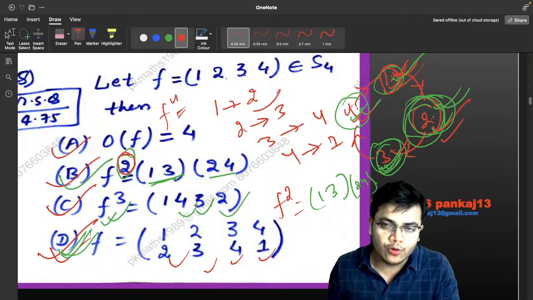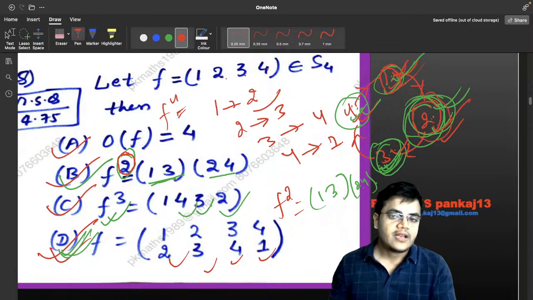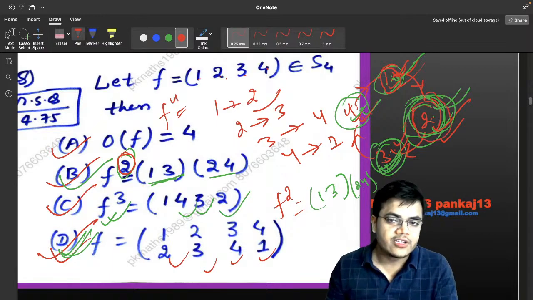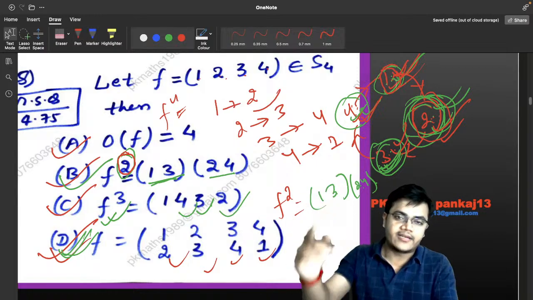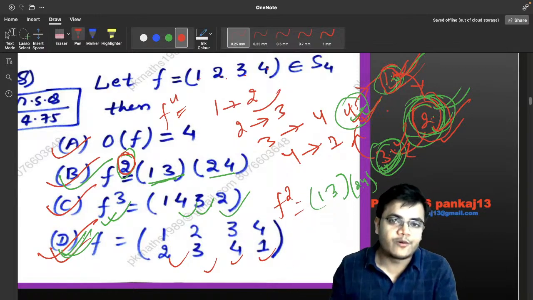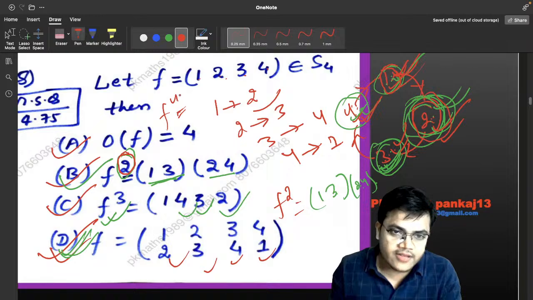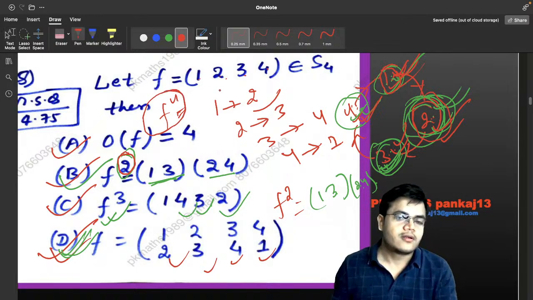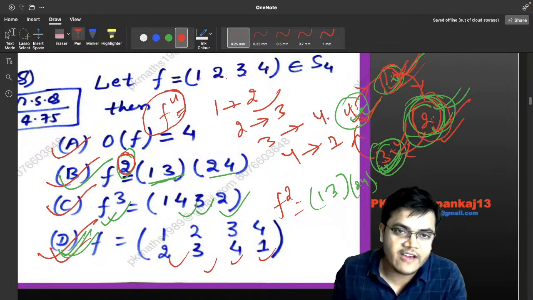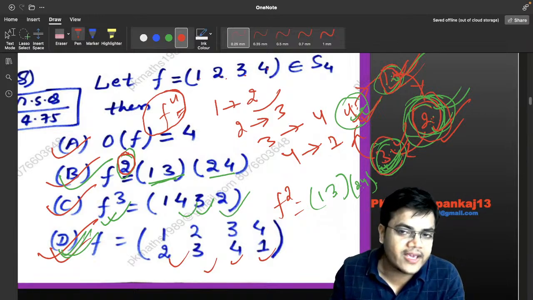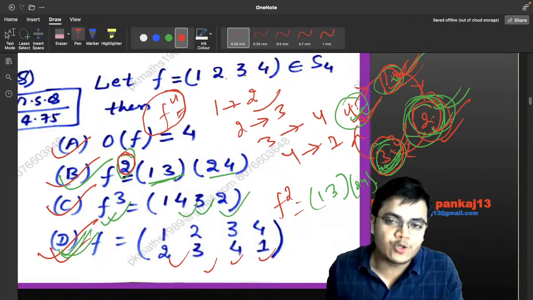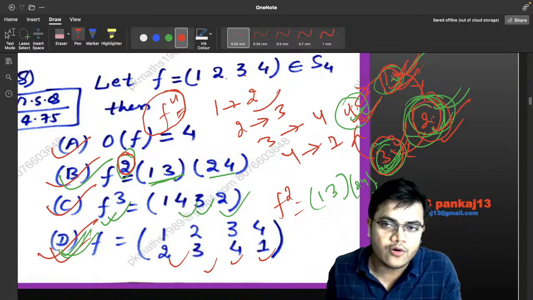If you go from 2, then you have to skip this 3, 4 and 1 and once again you are coming at 2 only. So every element comes to itself in the case of f to the power 4. So in the case of f to the power 4 you are going to get the identity only, because if you are over here at 3, then you have to skip these 3 elements 4, 1, 2 and you are coming at 3.